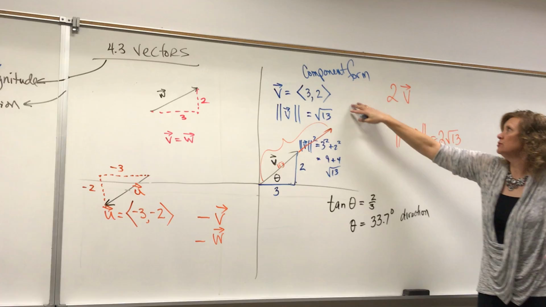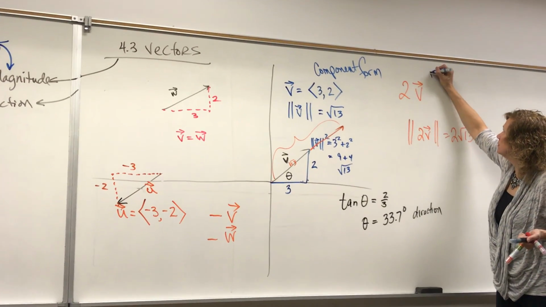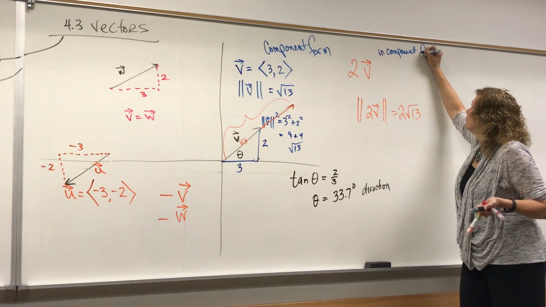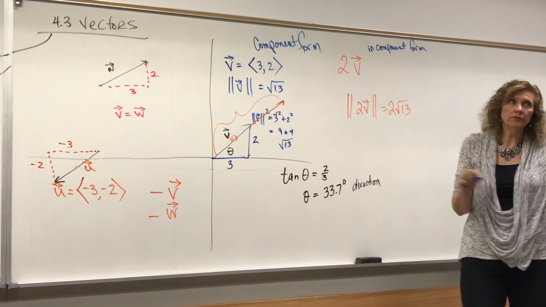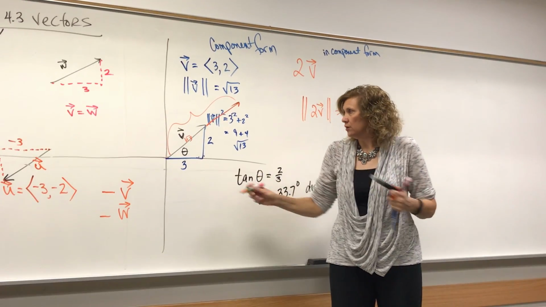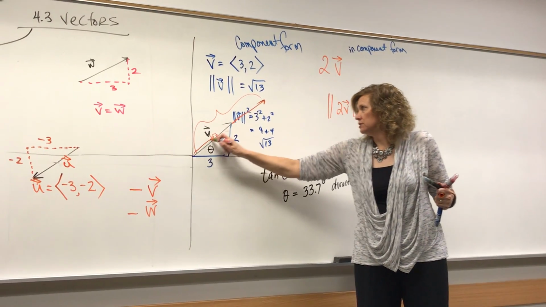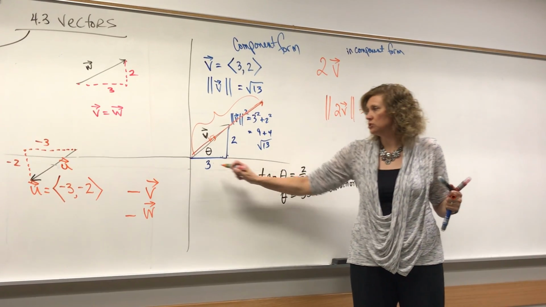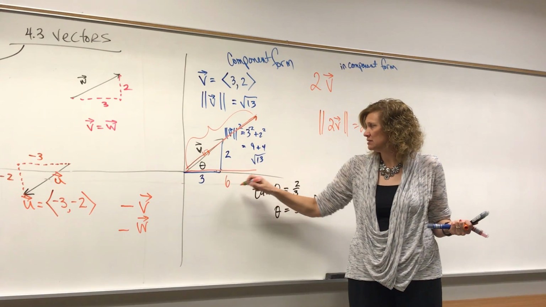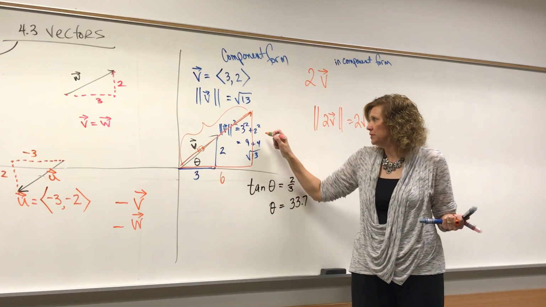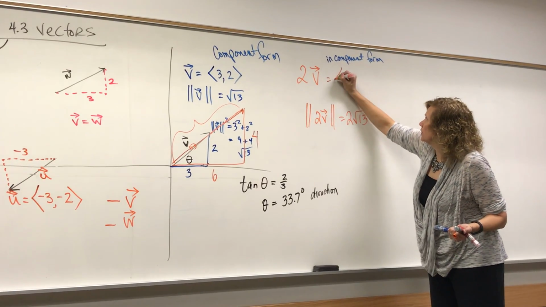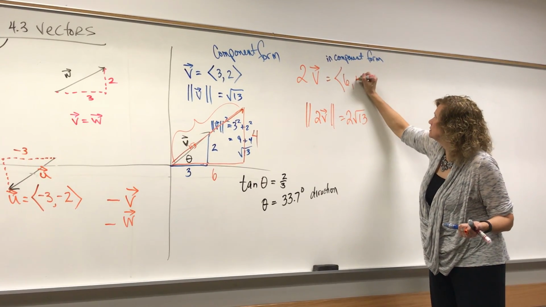If I wanted to figure out the component form of 2v, well, if this vector is now twice as long, it makes sense that I'm going to be twice as far over in x and twice as far up in y, and I would get the component form 6, 4.